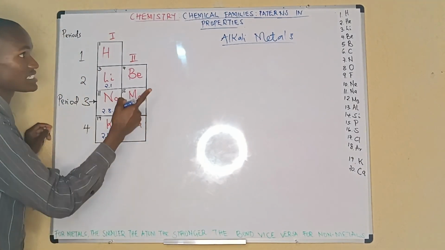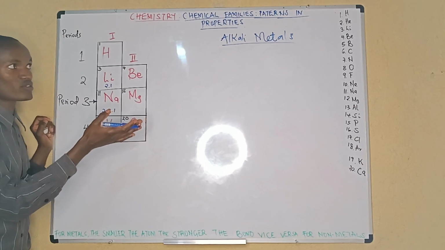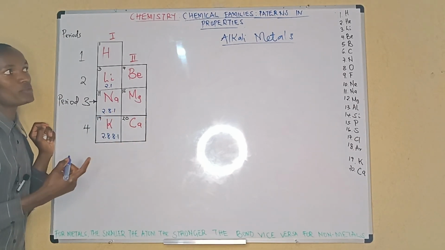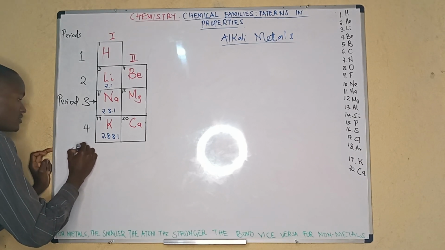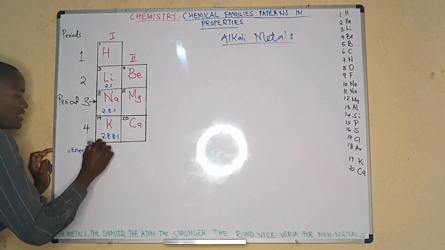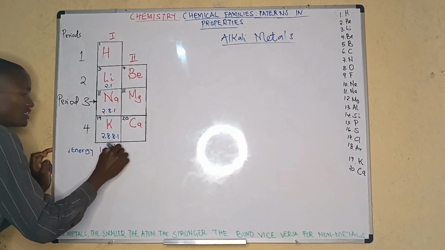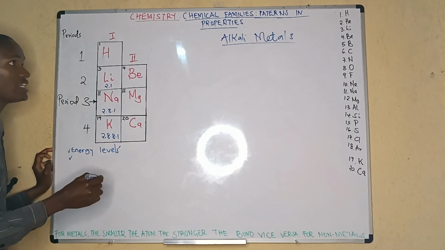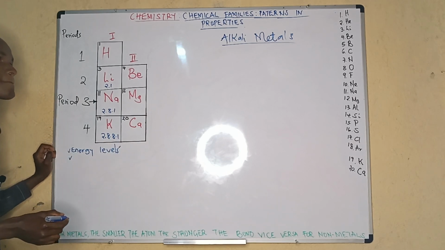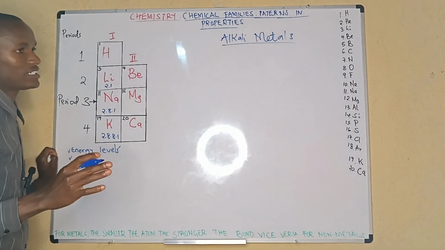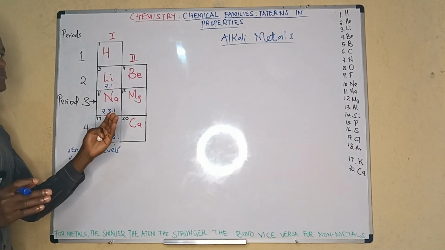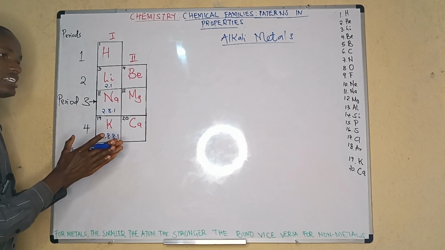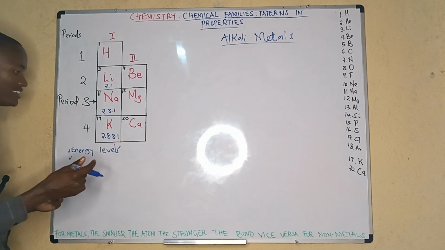The properties that we'll be discussing about each of those chemical families will include, the first one to look at, the energy levels of the atoms. Secondly, we will be looking at the atomic radius, ionic radius, and also comparing the atomic radius to the ionic radius.